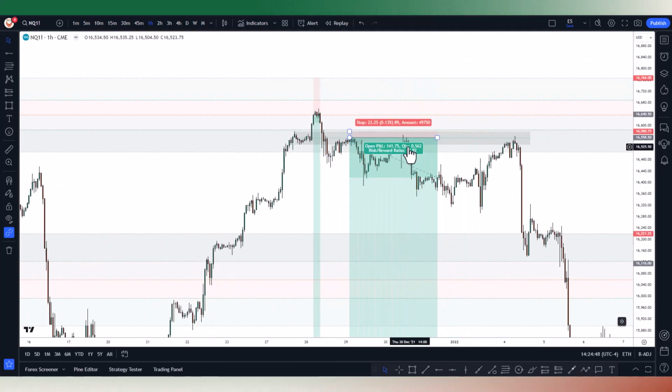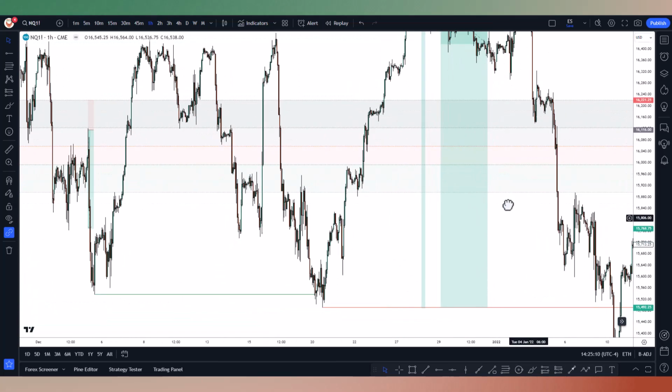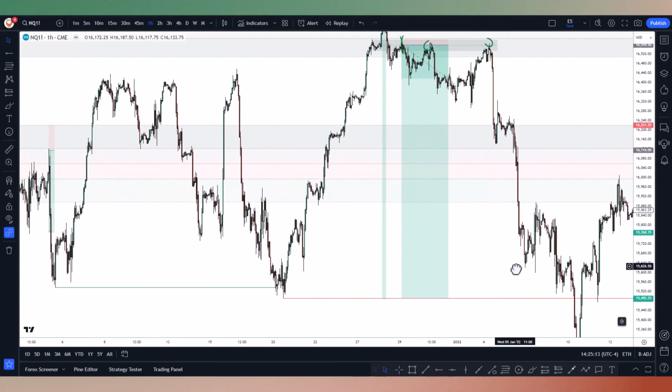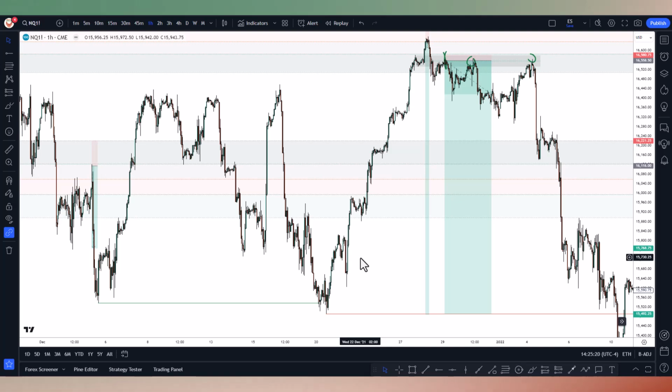You can enter here, here, or here after seeing all the confirmation of the trend going in your favor. So you can enter here, here after tapping the 50% of this flip, or here. Watch what happened. We traded all the way back into this.